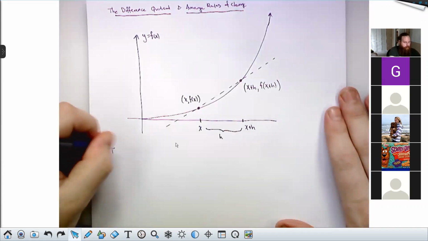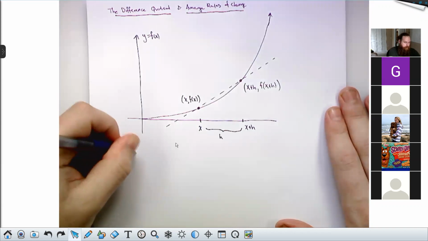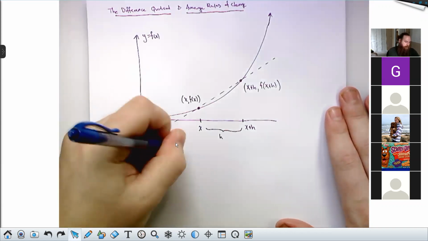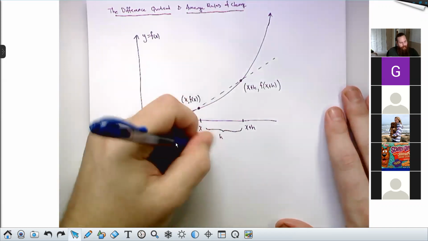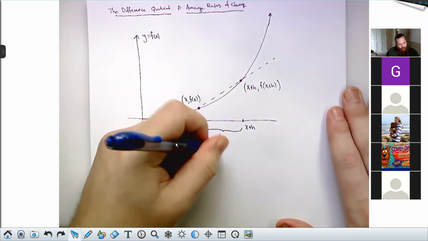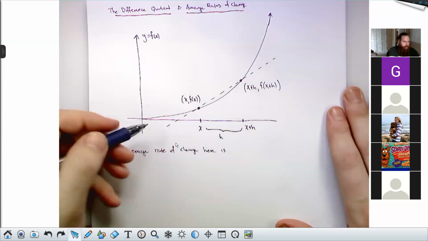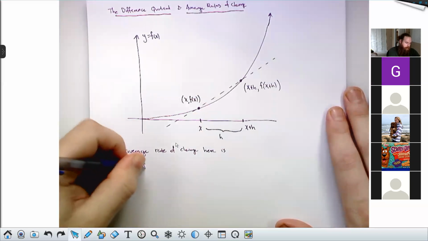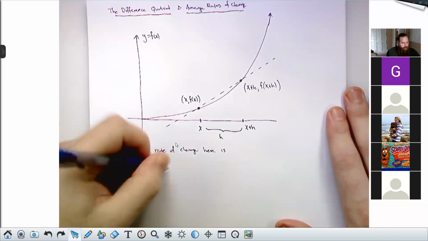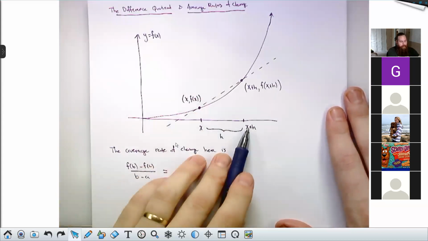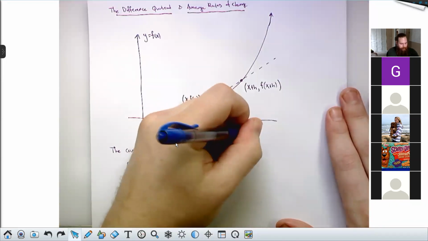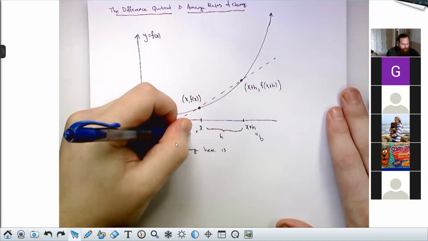The average rate of change here is, well, it's still f of b minus f of a over b minus a. Here b is x plus h, and a is x.